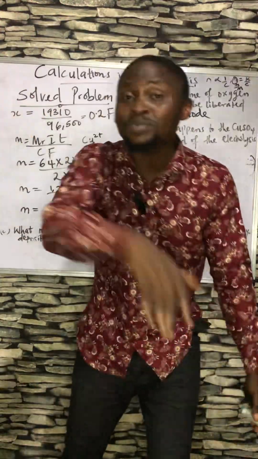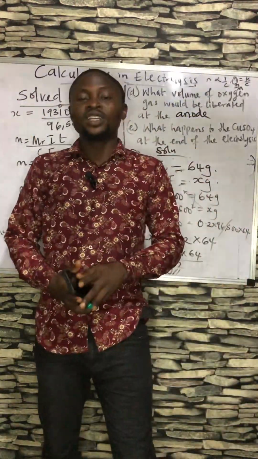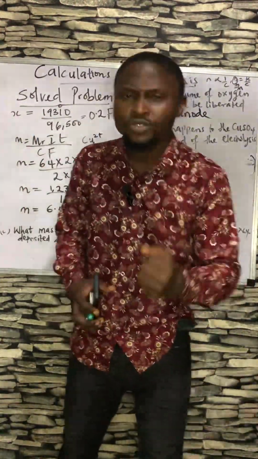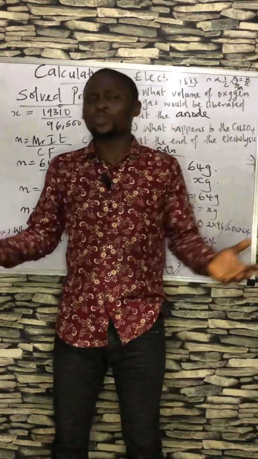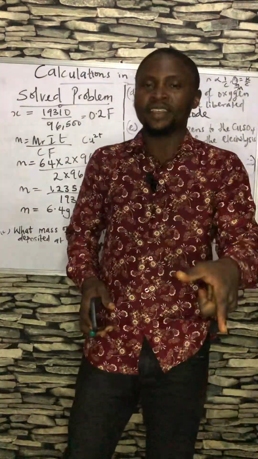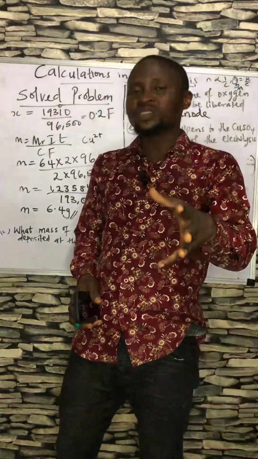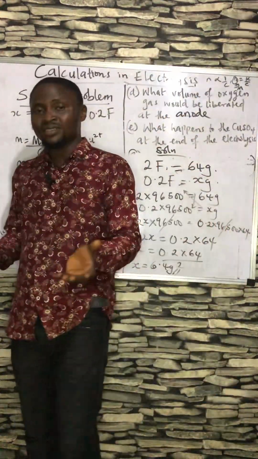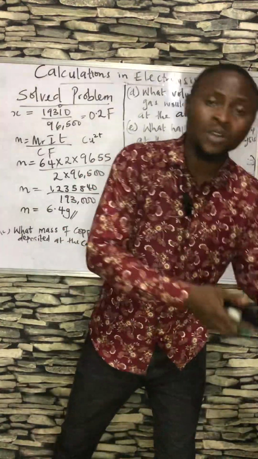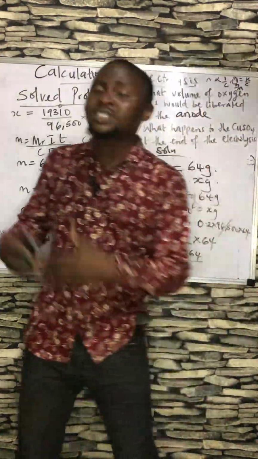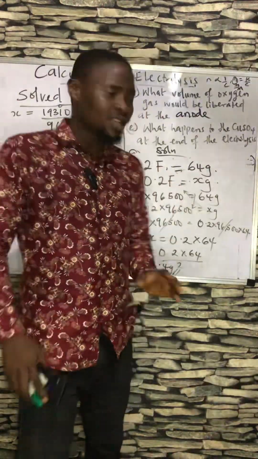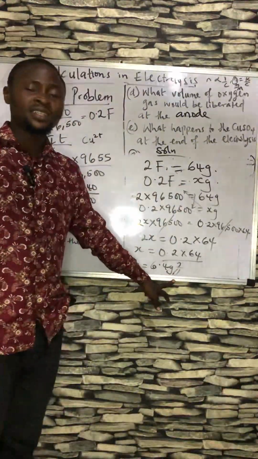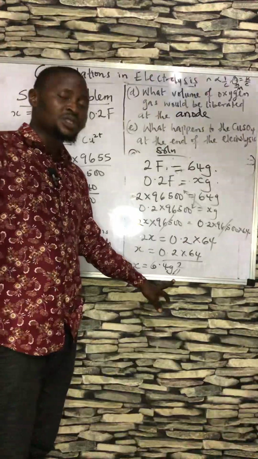Is it 1,000 slaps? Is it 1,000 blows? Is it 1,000 likes? And so on and so forth. So I've got to specify the units. $1,000, 1,000 pounds, 1,000 naira.